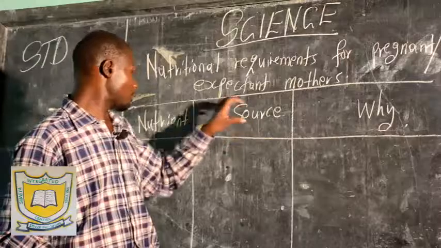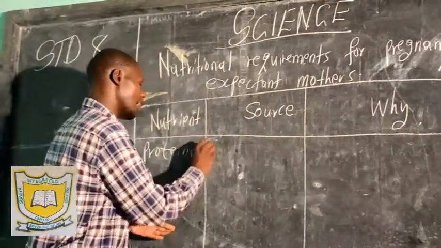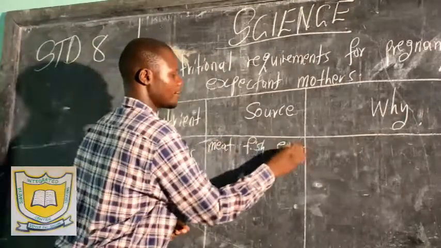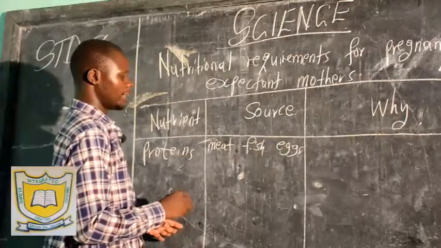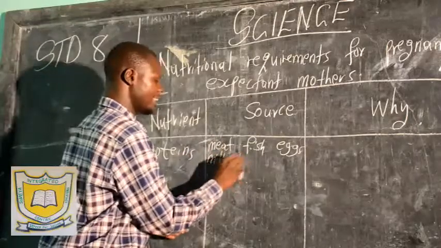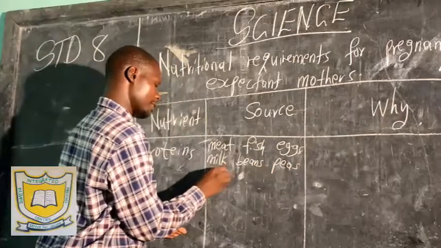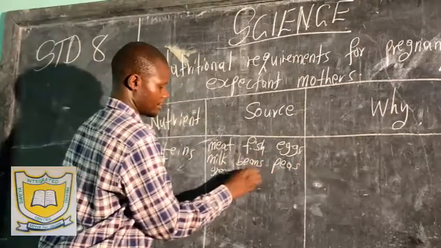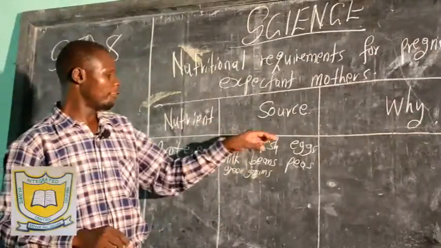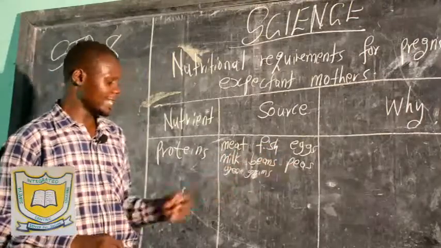For animal products, we have meat, fish, eggs, and milk, and for legumes we have beans, peas, and green grams.